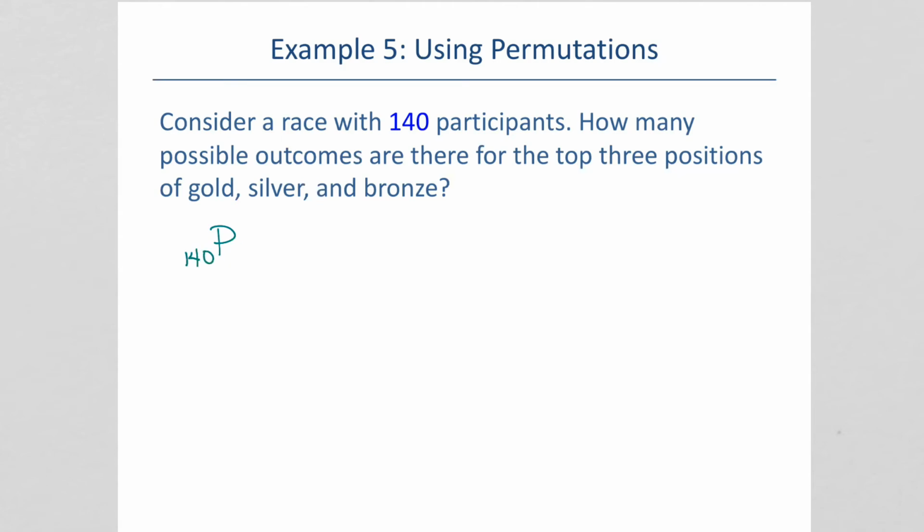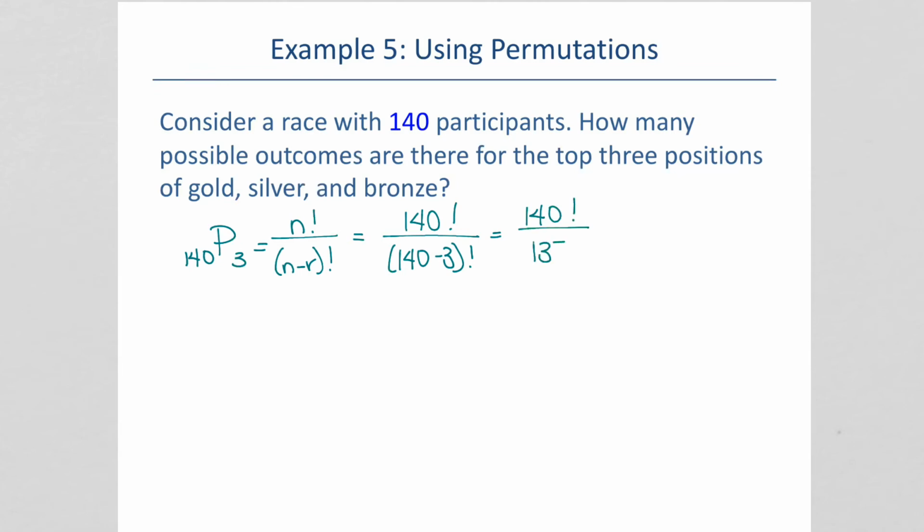There's 140 total participants, but you only want 3 of them. And this is your formula for permutation. So 140 factorial over 140 minus 3 factorial. We end up with 137 factorial on the bottom.